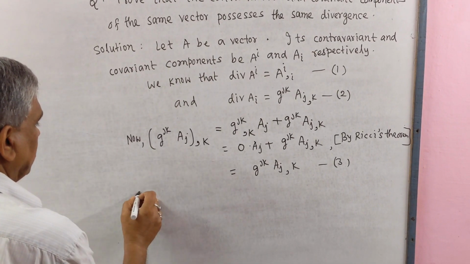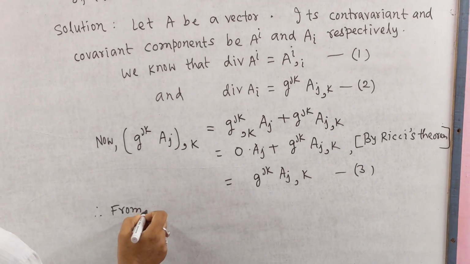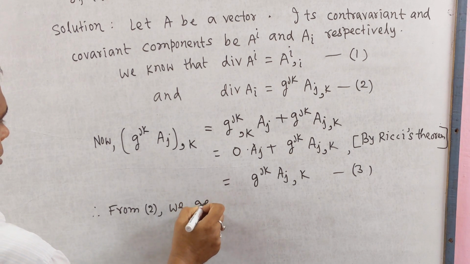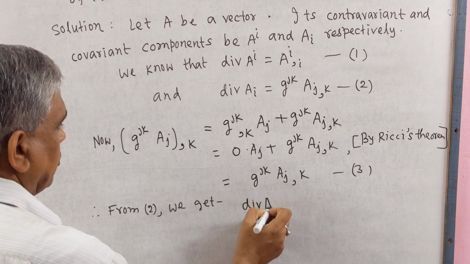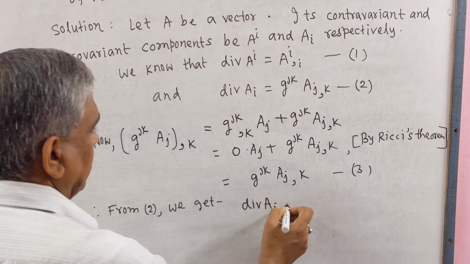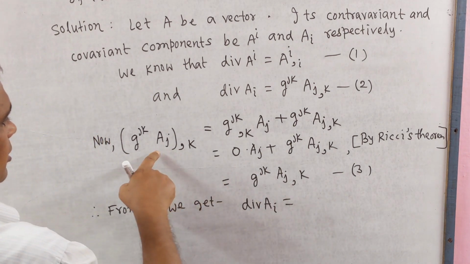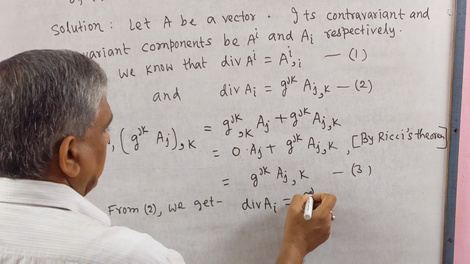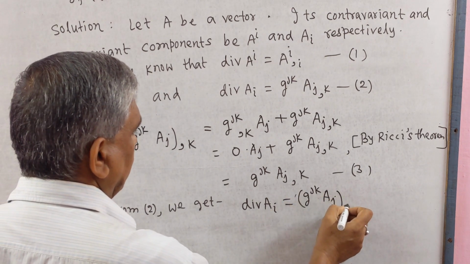So from 2 we get the divergence of the covariant vector A_i equal to g^jk A_j comma k.